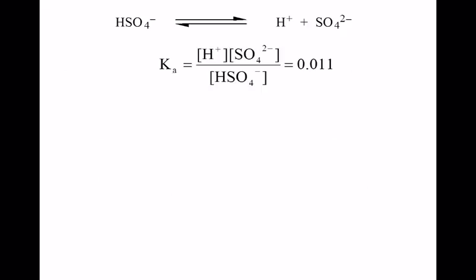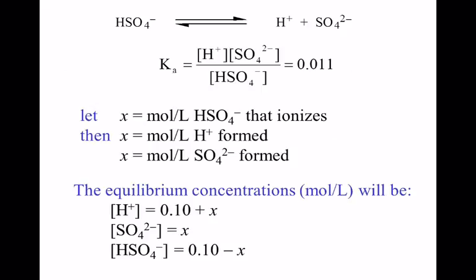I have slides that say basically the same thing as what we just did. This is the stuff we put on the ICE table. We're going to let X be equal to the moles of HSO4 minus that ionize, which will also be equal to the moles of H plus formed during the second ionization, and the moles of sulfate formed. The last set of numbers are our equilibrium numbers.